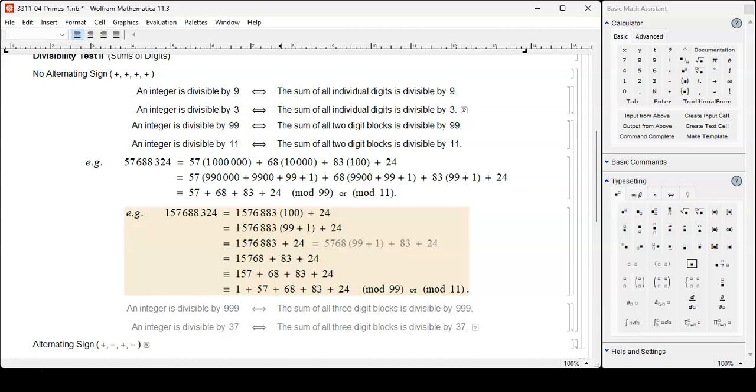We have a two-digit block, two-digit block, two-digit block from the right, and then this one has only one digit, or you can consider it as 0, 1. So two-digit blocks are counted from the right, not from the left, always from the right. Remember that.